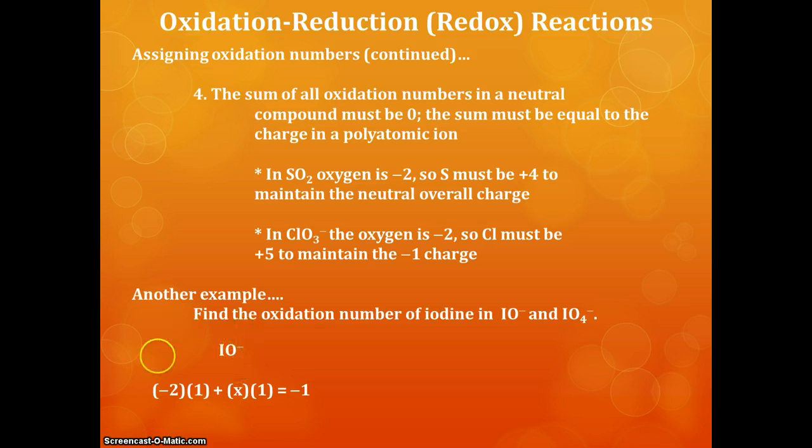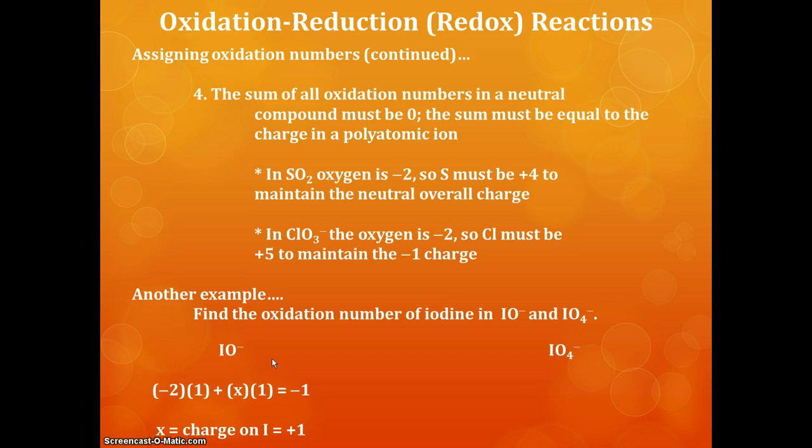There is 1 oxygen carrying that -2 charge. It must be added to 1 iodine carrying some charge. If we solve through and see, this must equal the -1 charge of the ion. So if we solve for x with simple algebra, we see that the charge on iodine must be +1.